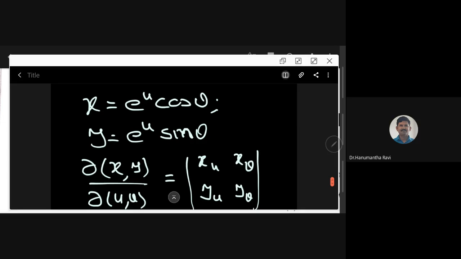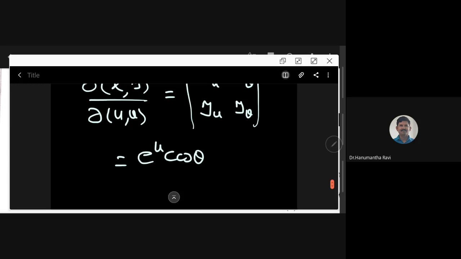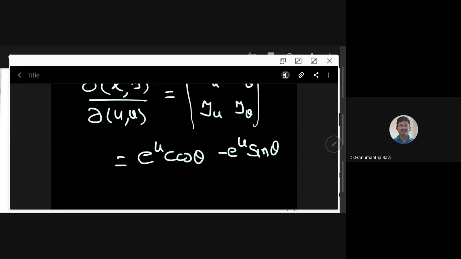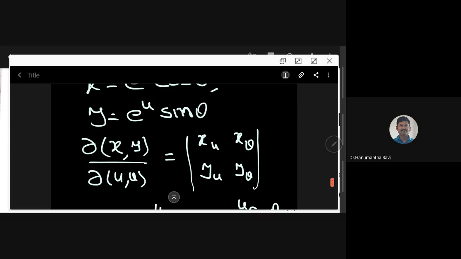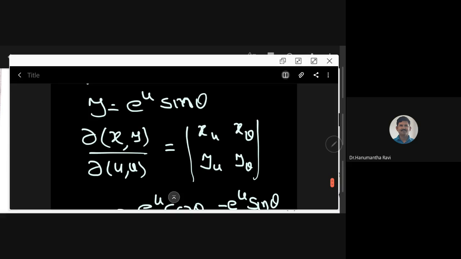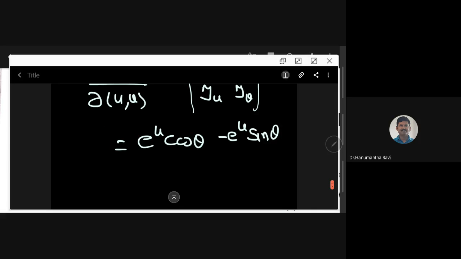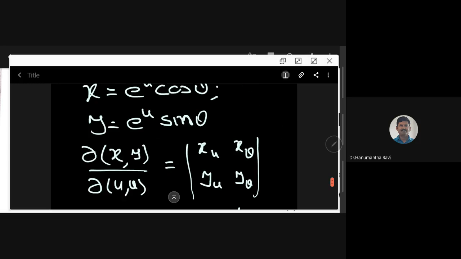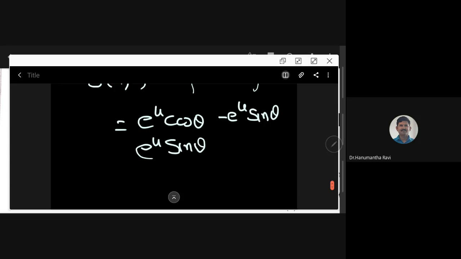Minus e power u sin v. And now y_u means e power u sin v. And what is dou y dou v? It is e power u cos v.